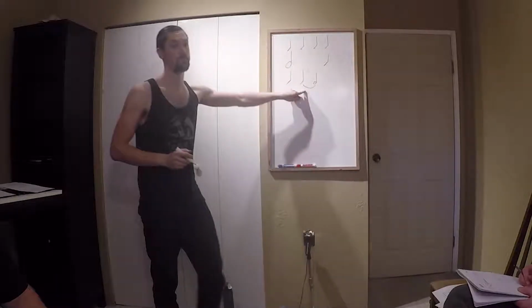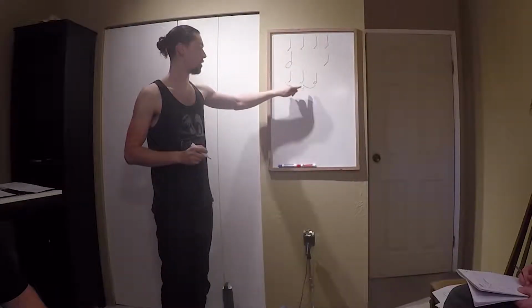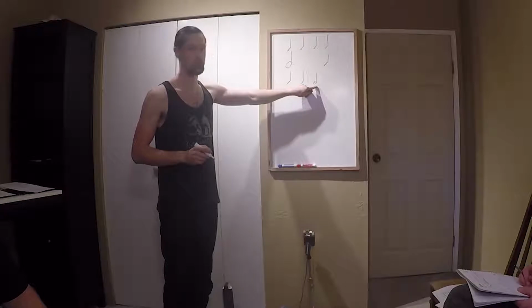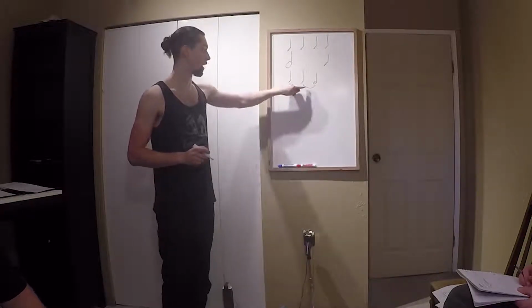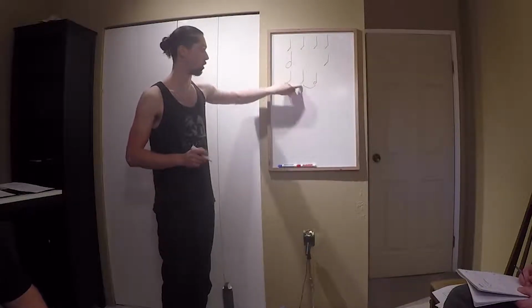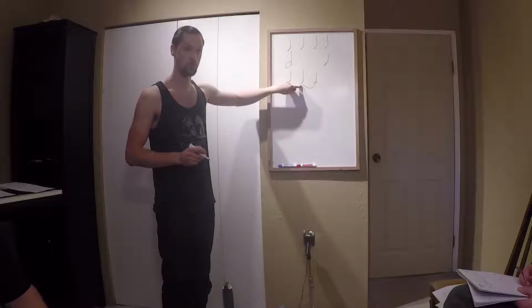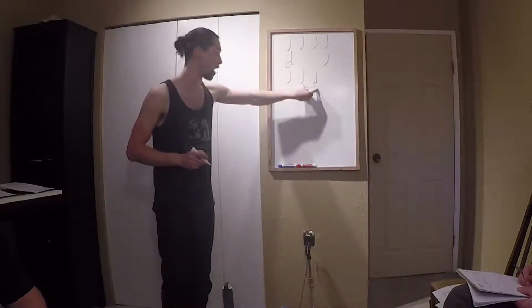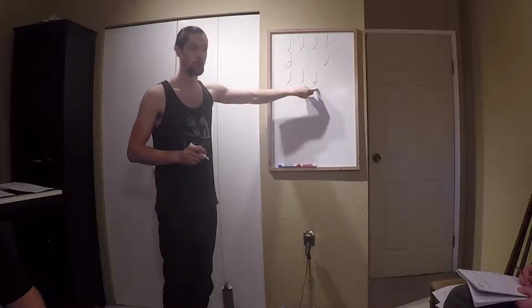This is a tie. So this just means accent this, or sorry, not accent, but articulate this, and then hold it for this amount of time as well. So the reason why we use this instead of this is because we're starting on an unaccented beat. And if we really care about the accents, we want to show where the downbeats are, right?